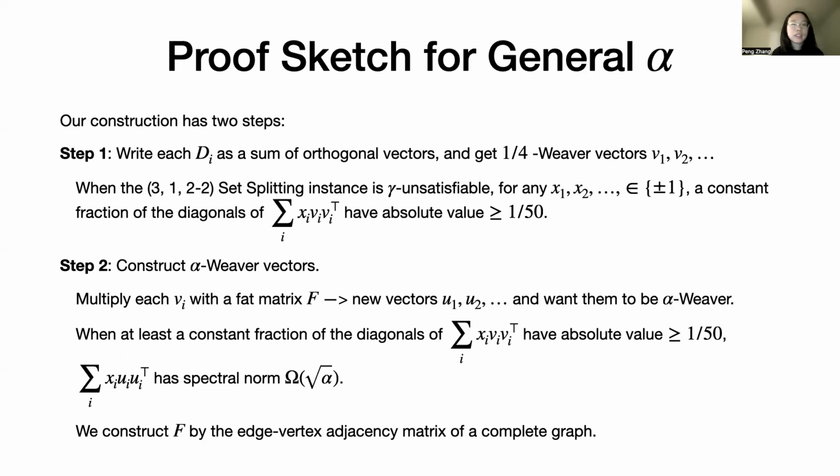We multiply each v_i with a fat matrix F, and we get a list of new vectors, u_1, u_2, and so on. We want these vectors to be alpha Weaver.